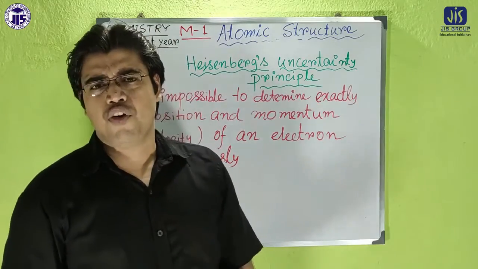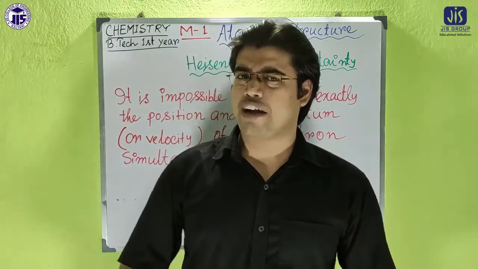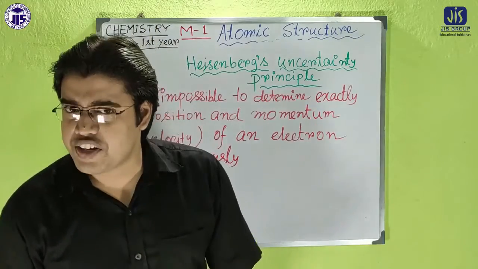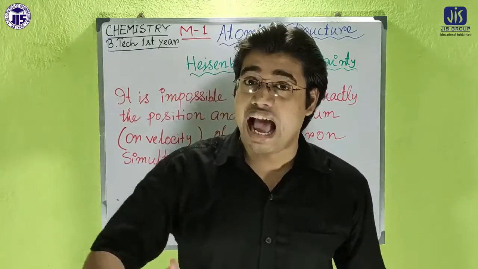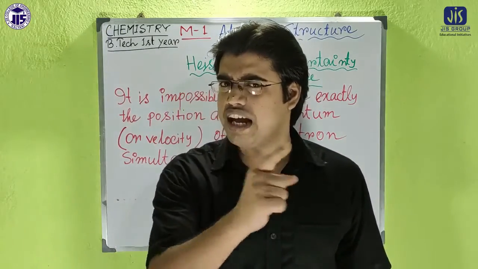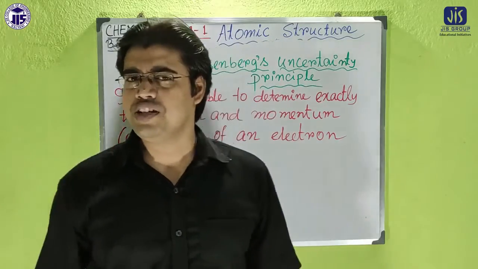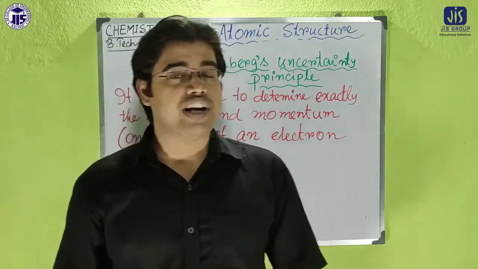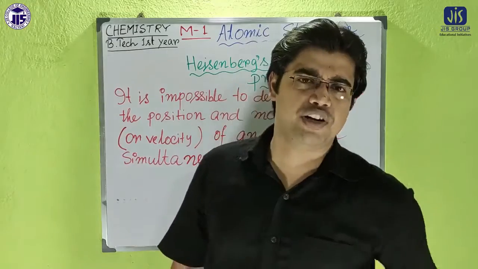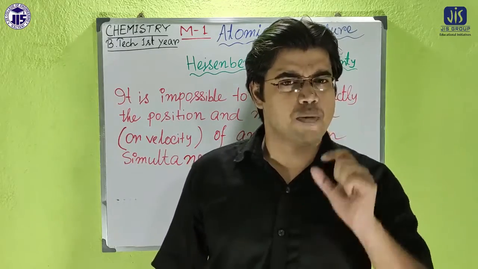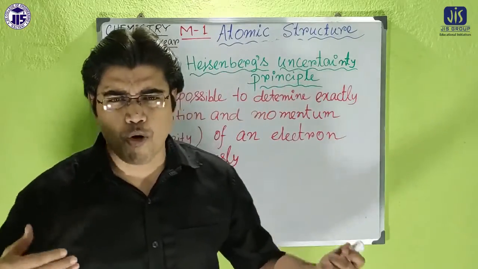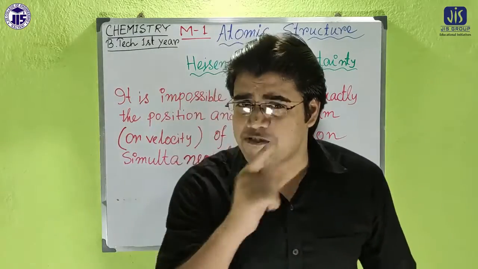You know, for a large or macroscopic system, we can determine the position and the momentum exactly at a time by Newtonian mechanics. But what happens in the case of a microscopic body, or a very small system like an electron?